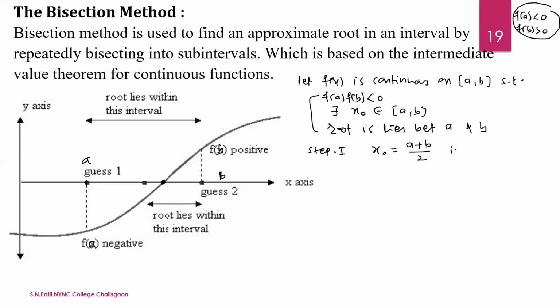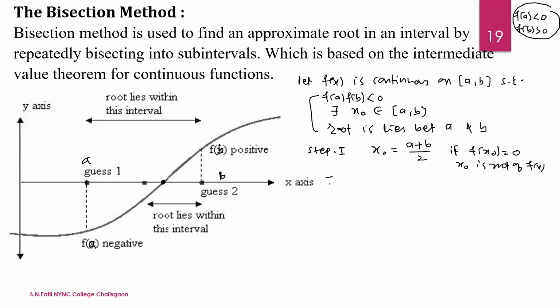Now this is the approximate root. If we put x is equal to x naught in the polynomial and f of x naught is 0, then x naught is a root of the polynomial f of x.